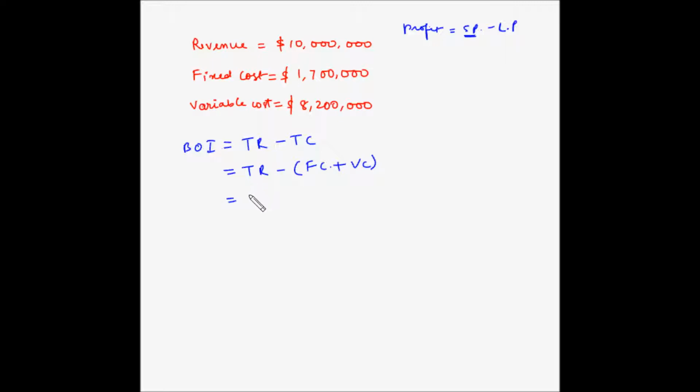So this is equal to $10 million minus fixed cost, which is $1.7 million, plus the variable cost, which is $8.2 million.